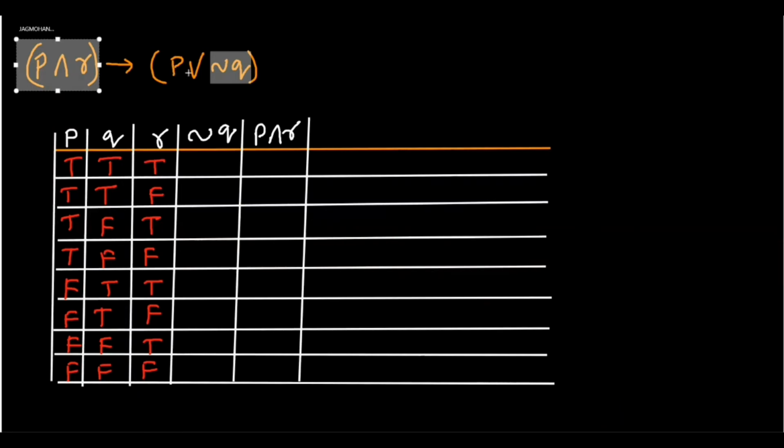The second bracket is P or negation Q. I have already got negation Q. Now you will understand why I said negation Q should be written first: in the second bracket, I will need negation Q. So negation Q should have been obtained in the beginning only.